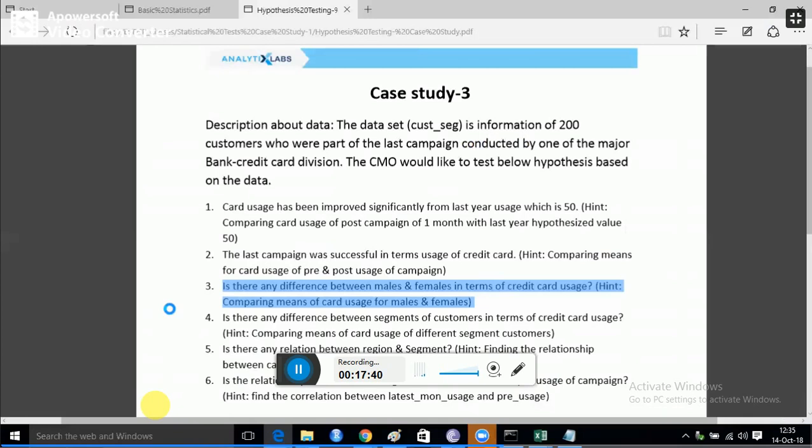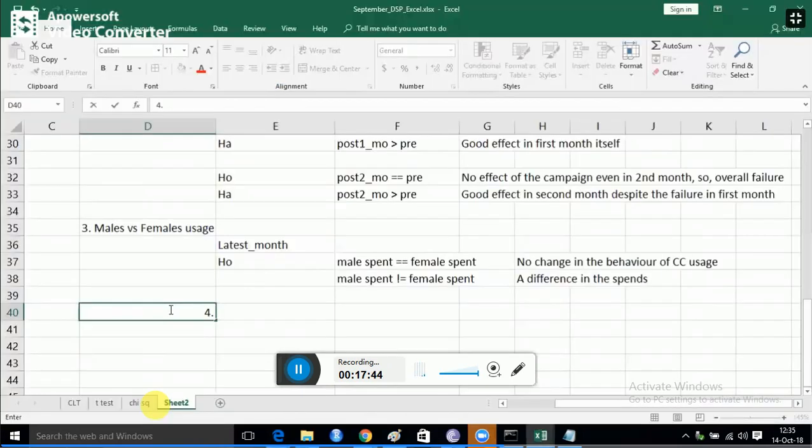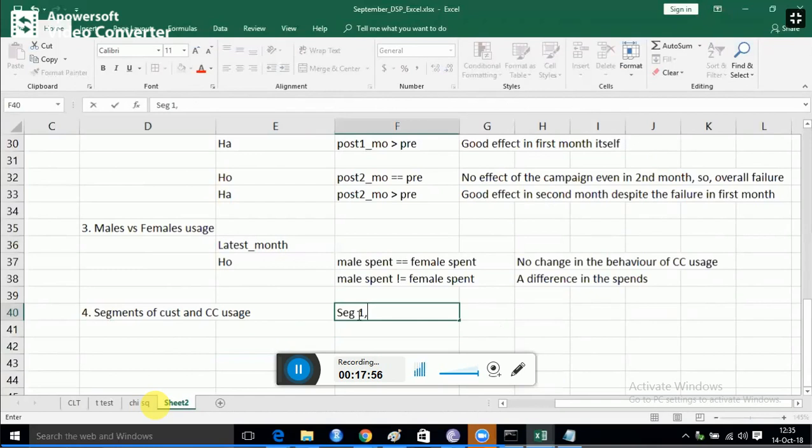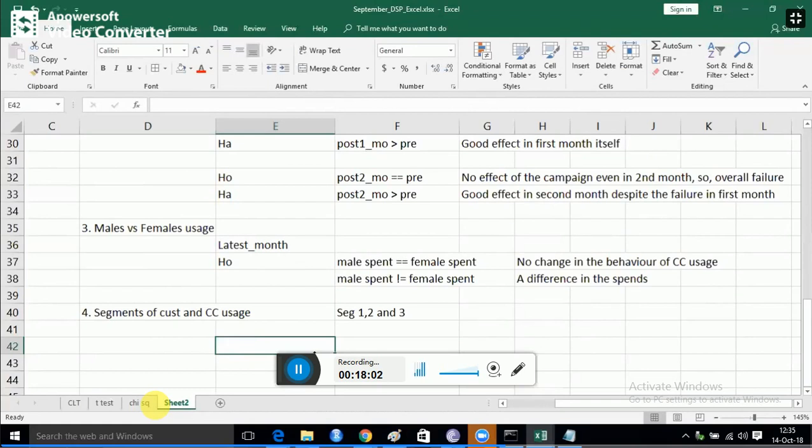Fourth question. Is there any difference between segments of customers in terms of credit card usage? Segments of customers and credit card usage. And let me tell you, there are three segments. Segments 1, 2, and 3. And the credit card usage. What should I write here? What should be my null hypothesis?